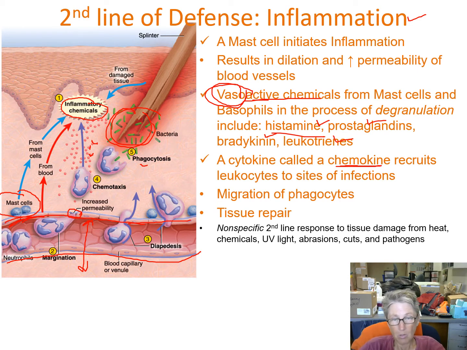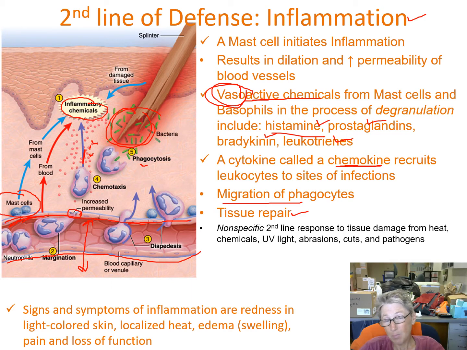Inflammation involves migration of phagocytes, so that just means the phagocytes emigrate out of the blood vessel, and then they migrate along this chemotactic gradient till they find the bacteria. Inflammation also results in tissue repair, so that's kind of cool. Inflammation is a complicated process, but these are the highlights of inflammation.